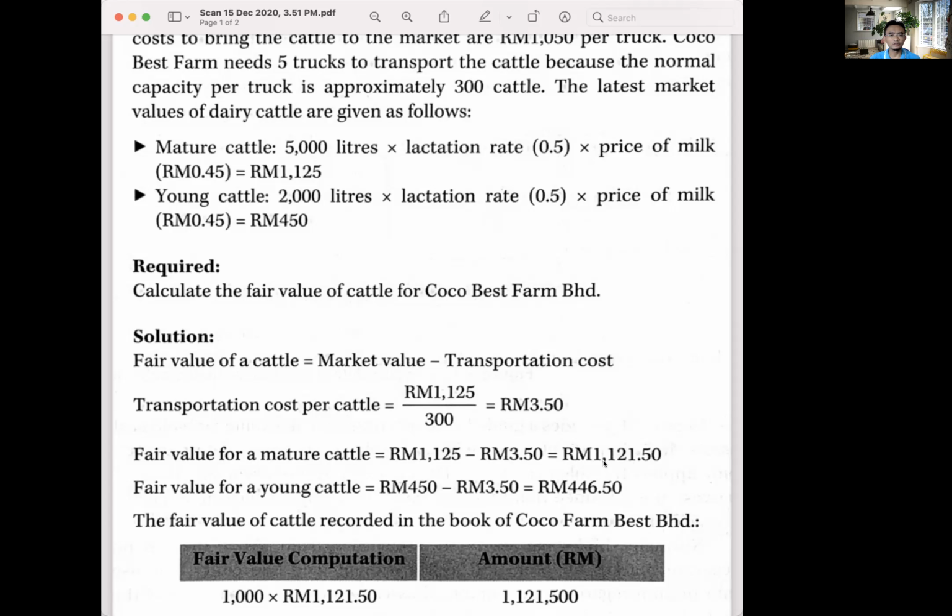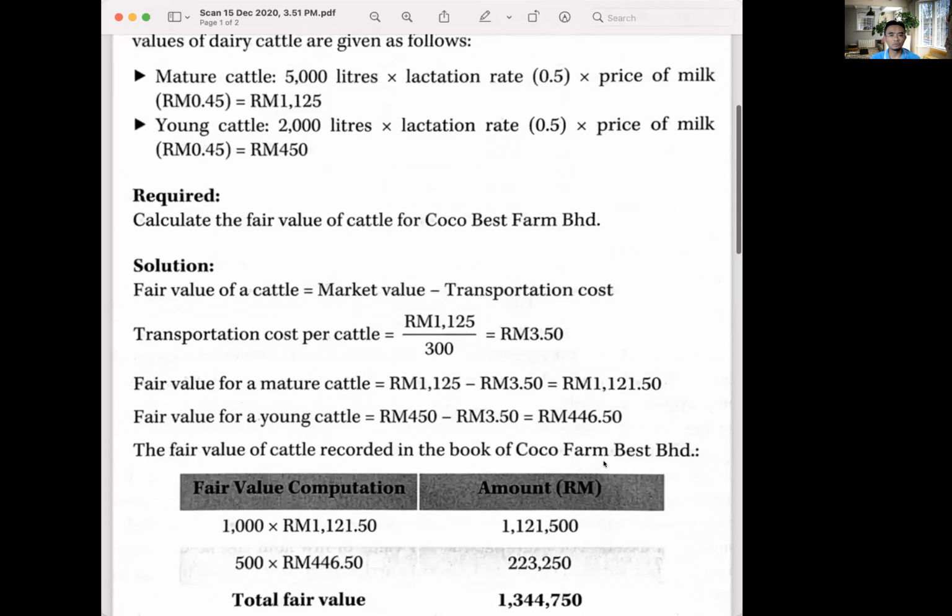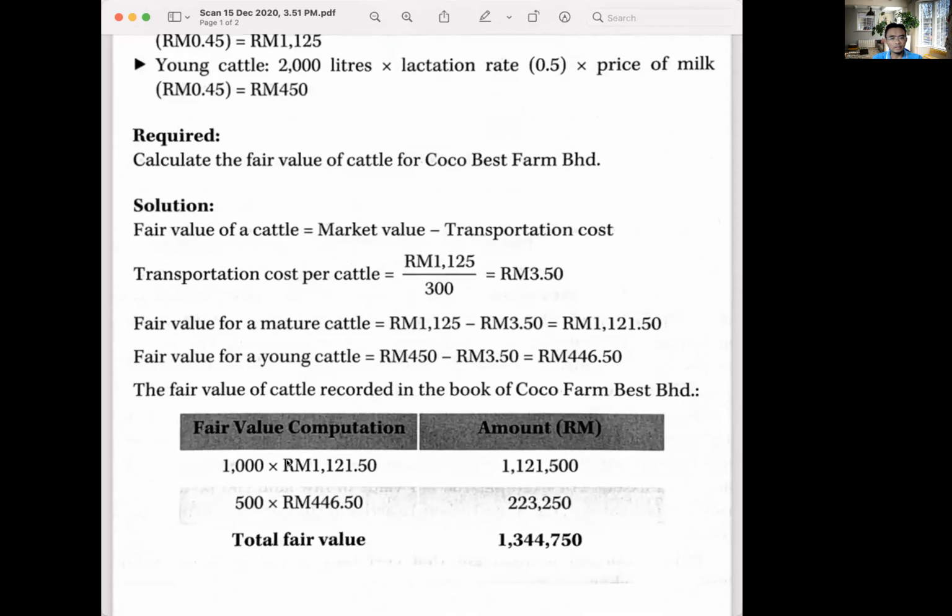Whereas the fair value for a young cattle is 450 minus 3 ringgit and 50 cent, so it is 446 ringgit 50 cent each. Jadi dia nak jual 1,000 mature cattle and 500 young cattle, so the total fair value would be 1,344,750.